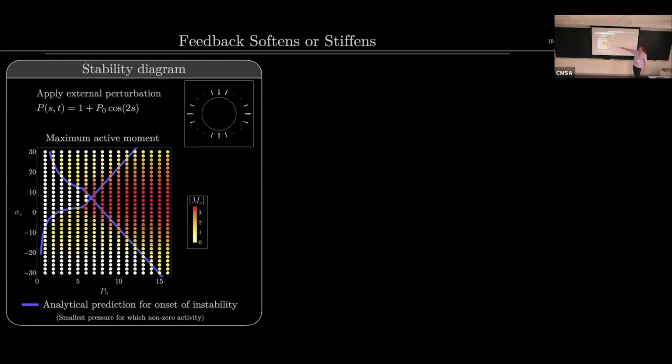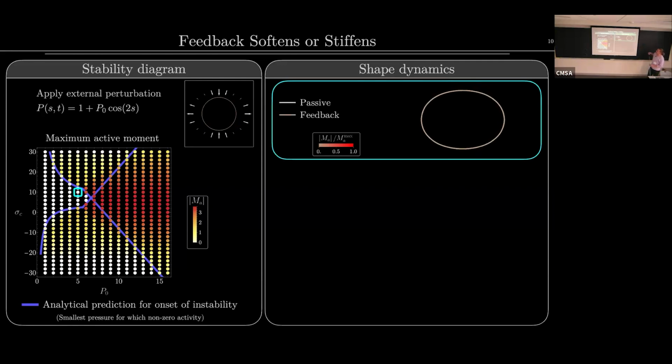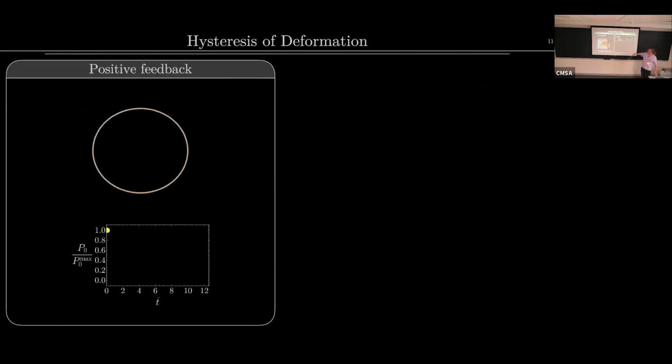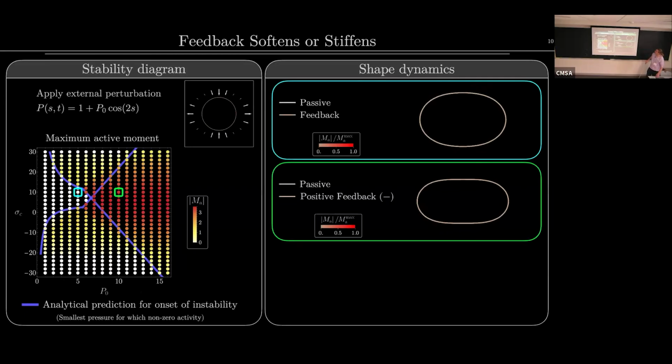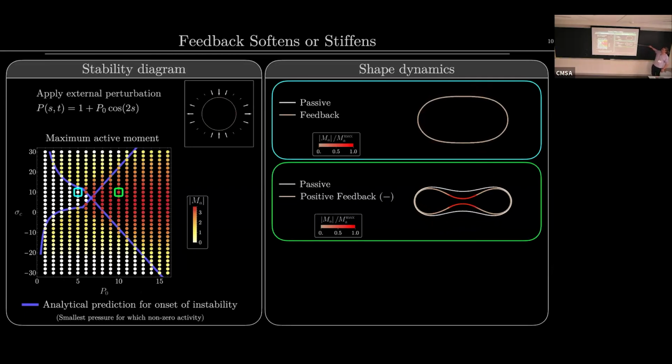And then these color dots here are the simulation results. And what that looks like is that if you are in the region where there's no feedback, you deform the ring, and compared to the passive one, it looks exactly the same because the feedback is not triggered. Or if you go into the region of instability, then for positive feedback, you see that now the deformation is enhanced compared to the passive ring.